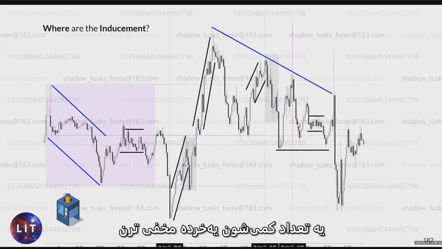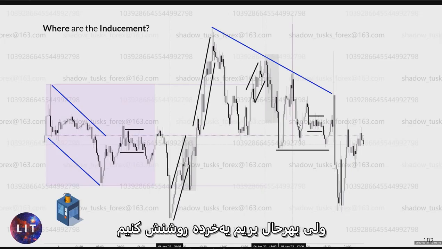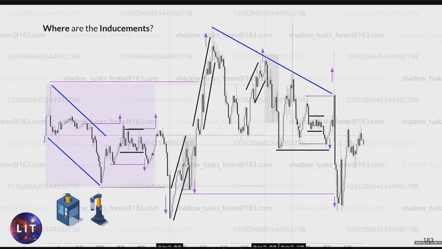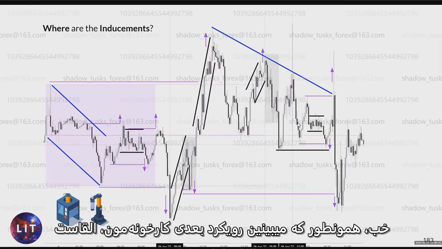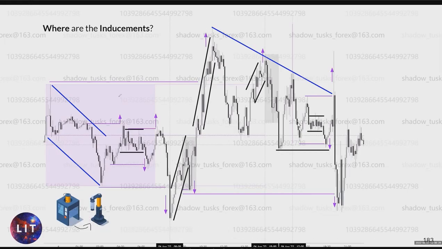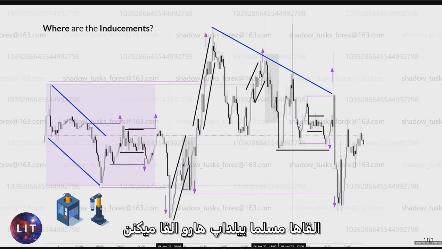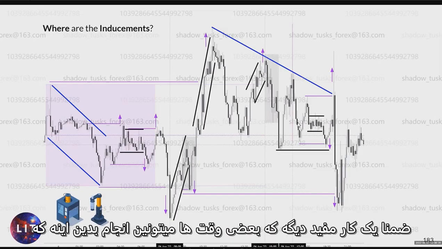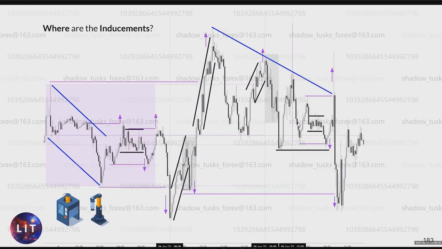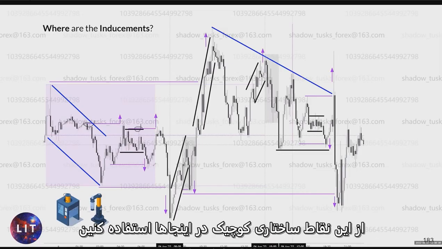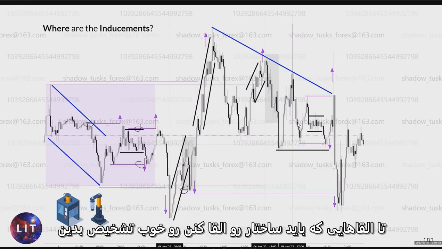Okay, a few of them are a little bit more hidden, but let's bring some light into it. Boom. Okay, so next approach, as you can see, is our inducement factory. Perfect. So guess what? The inducements induce, of course, the build-ups. And then again, a very helpful thing to also do sometimes, use these little structure points in here and here, whatever, and here, to get also a good feeling about the inducement should induce structure.